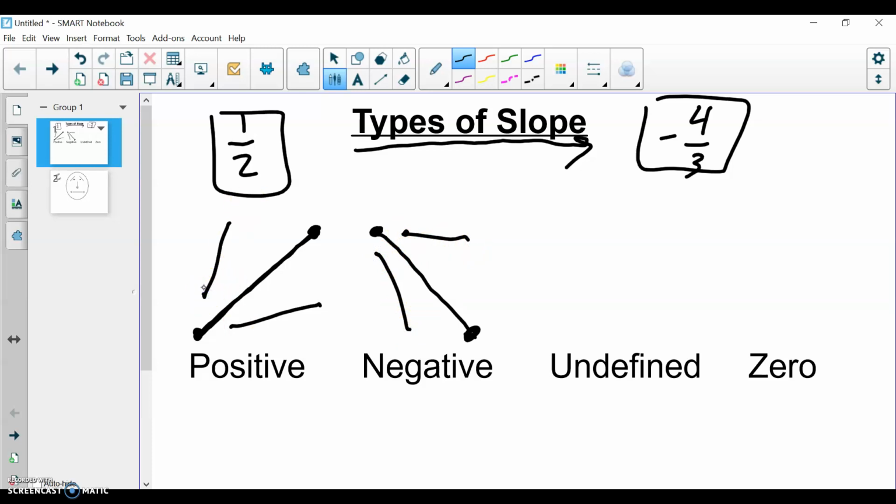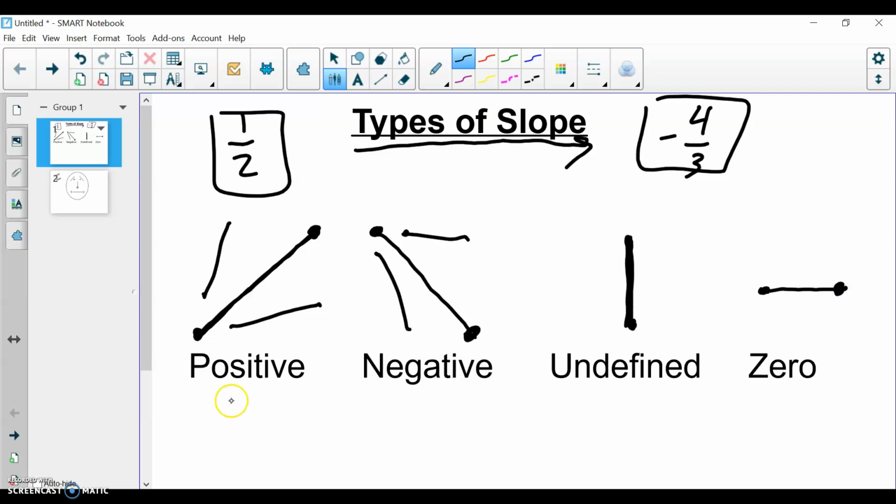Undefined slopes. Undefined slopes are those points or those lines that are simply straight up and down. They do not go left or right at all. They're simply straight up and down. Those are your ones that are going to be considered undefined. And any line that goes straight horizontal is your zero slopes.